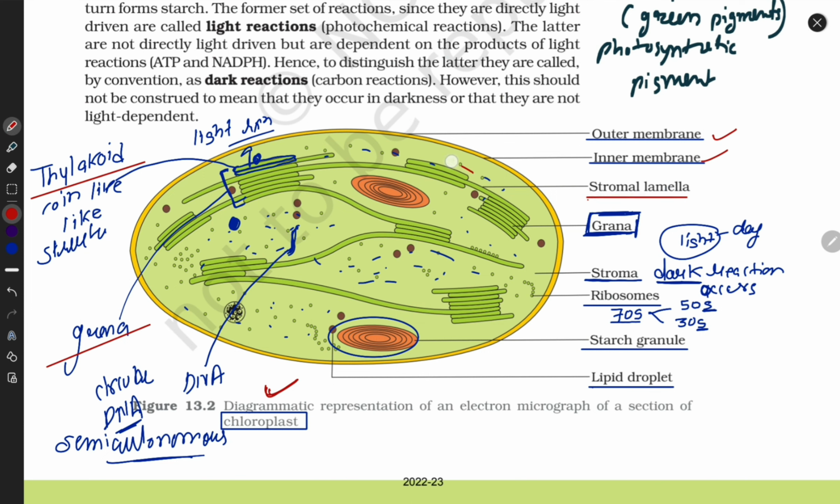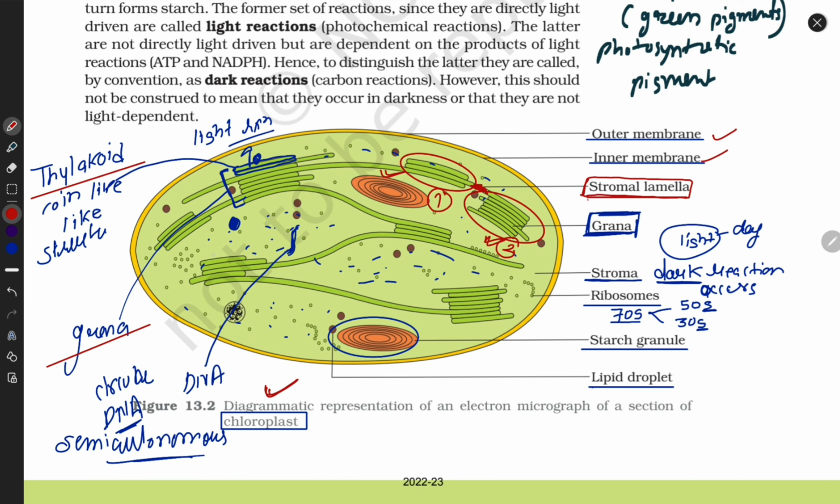This is the connection between one set of grana and another set of grana. We call it stroma lamellae. Clear, guys? Very clear.